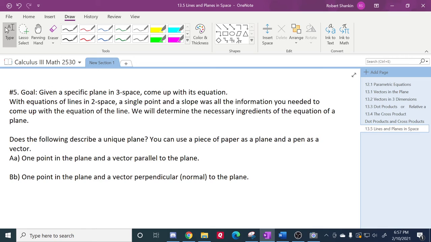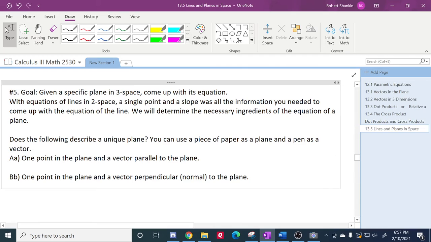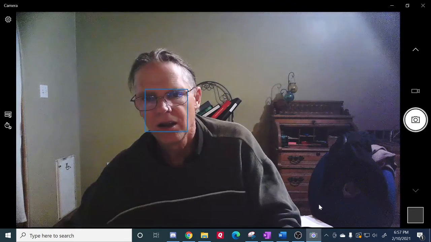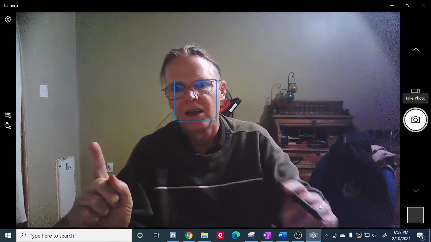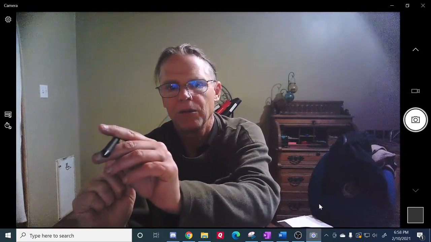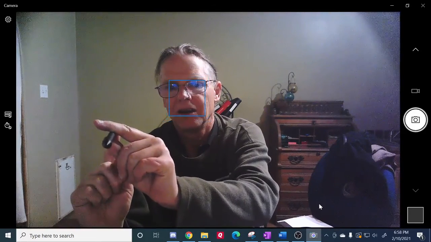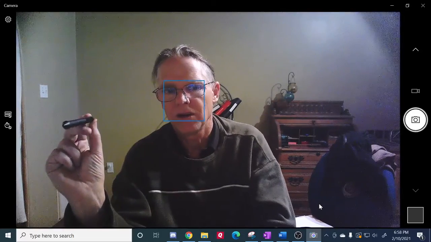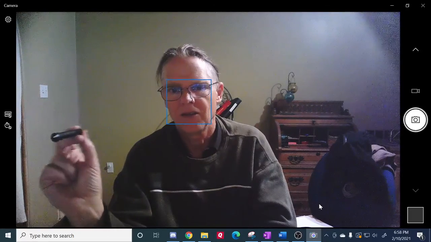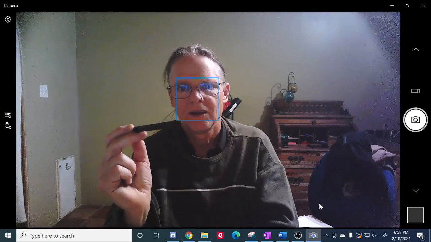All right, so this first one, a point in the plane and a vector parallel to the plane. Let me go to my camera. So let's say my point is right here, and the vector parallel to the plane is right here. So where I'm grabbing the pen is the point, and then the pen itself is the vector.